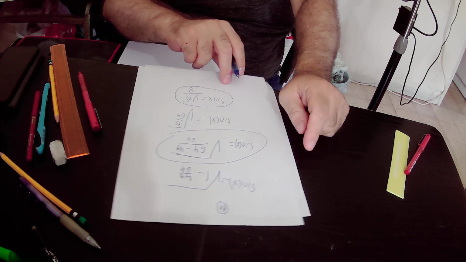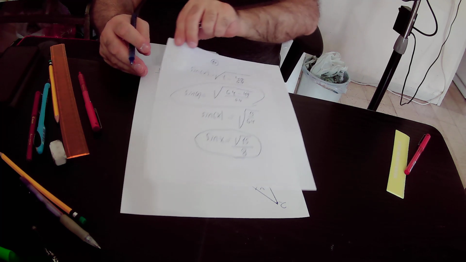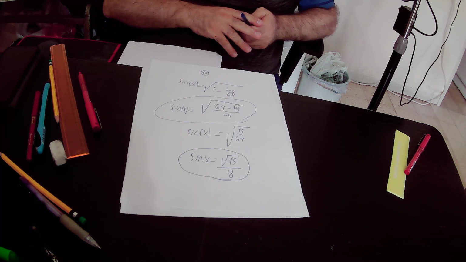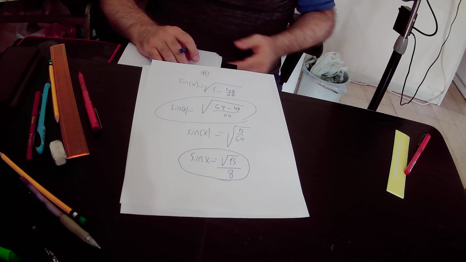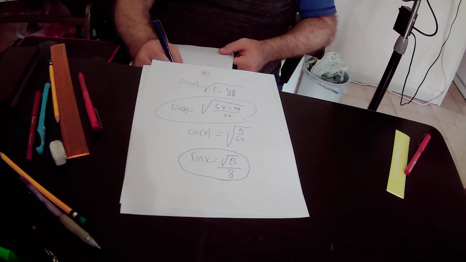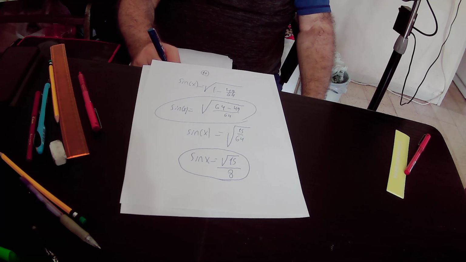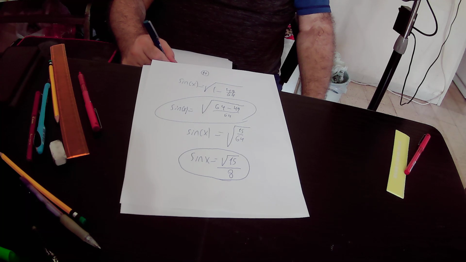Okay, we found out that sine x equals root 15 over 8, and we have the first equation, which states that the area of triangle ABC equals 56 times sine 3x.